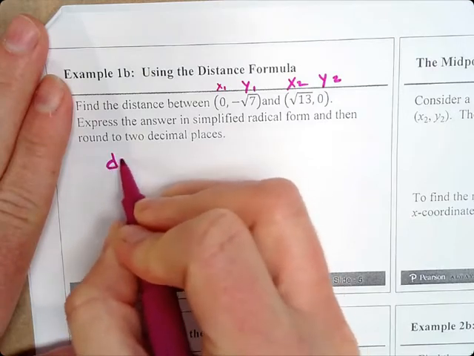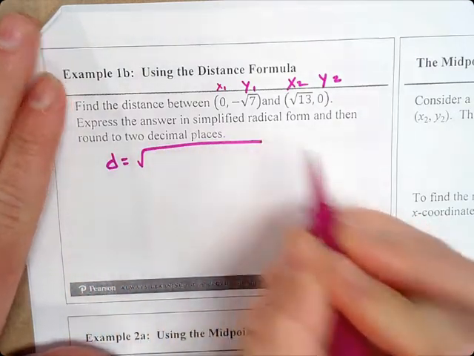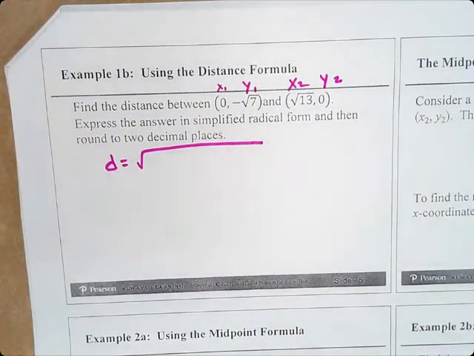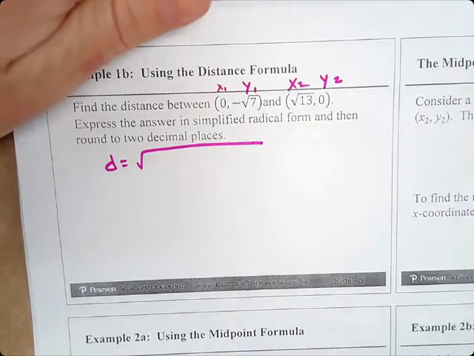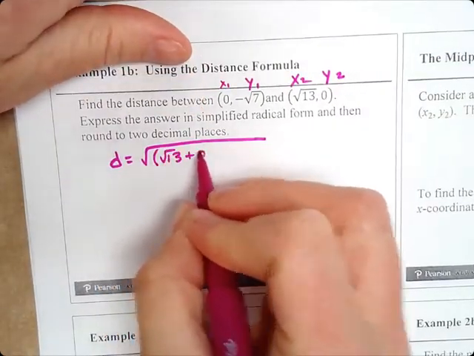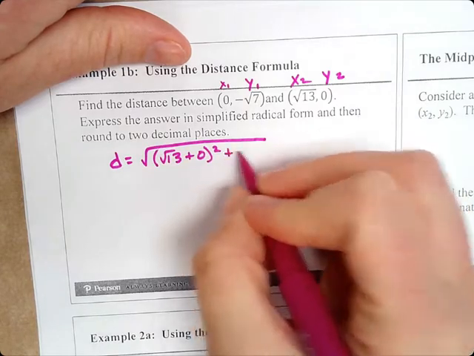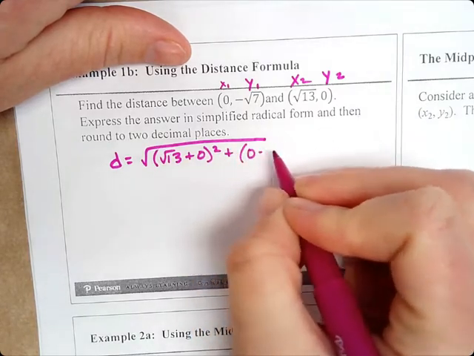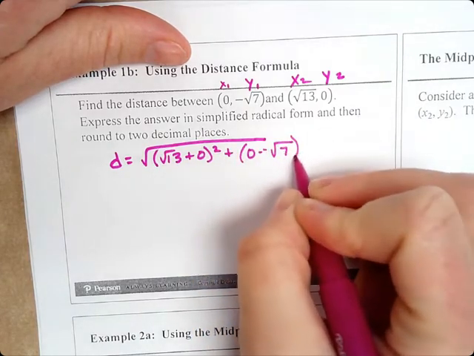So we use the formula. We need to subtract our x's. So this would be the square root of 13 plus 0 squared plus 0 minus a negative square root of 7 squared.